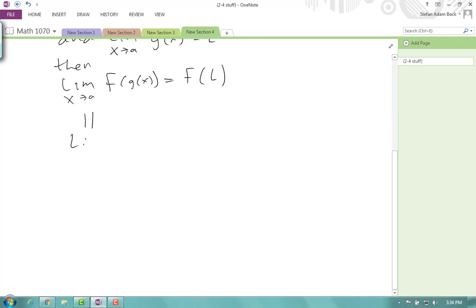So in short, I'd be saying that this is equal to the limit as x goes to a of g of x inside of the function. My limit moved inside of my continuous function.